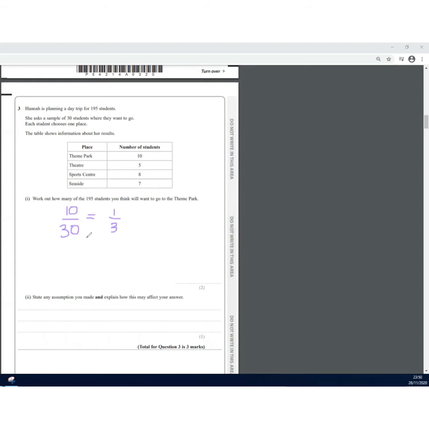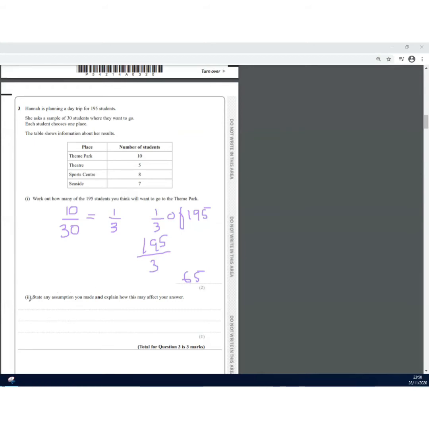Because Hannah is planning a day trip for 195 students in total, I'll find a third of 195 students, which means 195 divided by 3, which gives us 65. So 65 students want to go to the theme park.